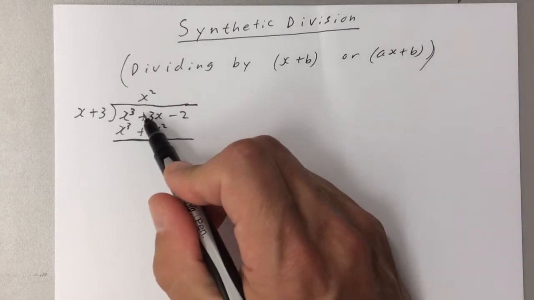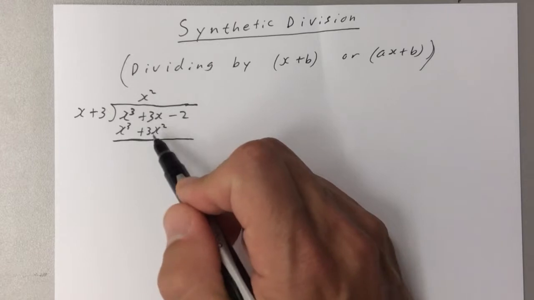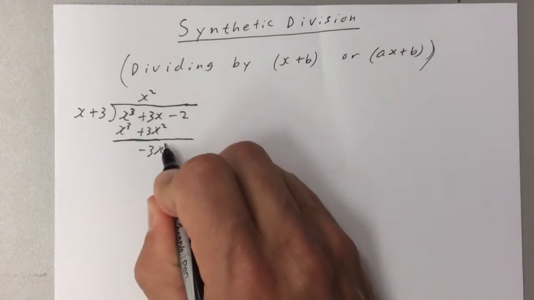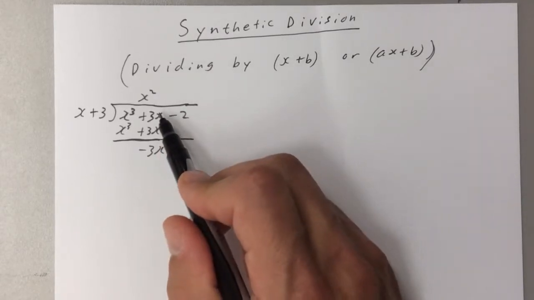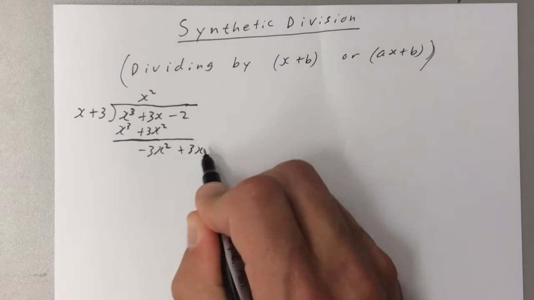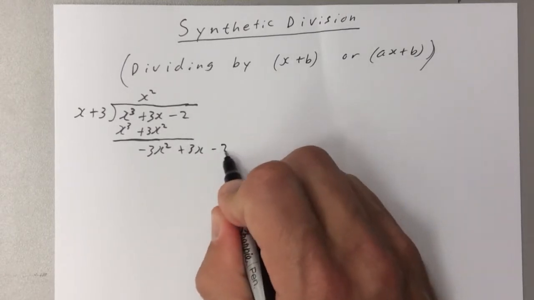Now, when I look at this, I got this polynomial minus this one. Well, I don't have an x squared term in here, so it's like 0x squared. So 0x squared minus 3x squared is going to be negative 3x squared. And then I do 3x minus, well, there's no x term here, so it's just going to be plus 3x. And then minus 2.